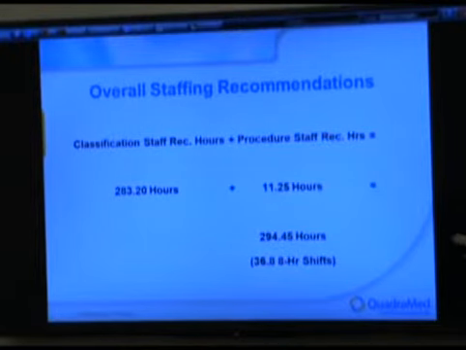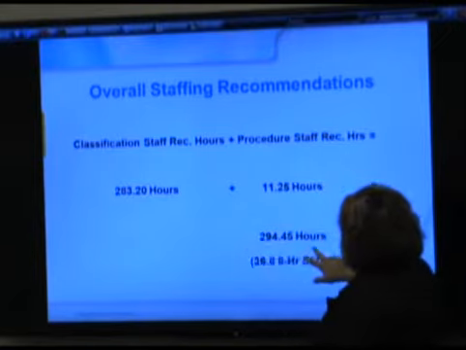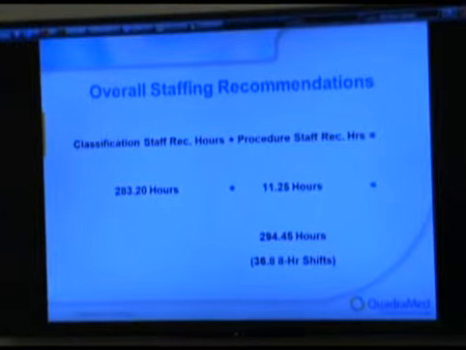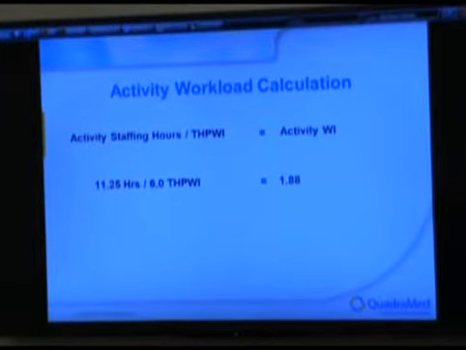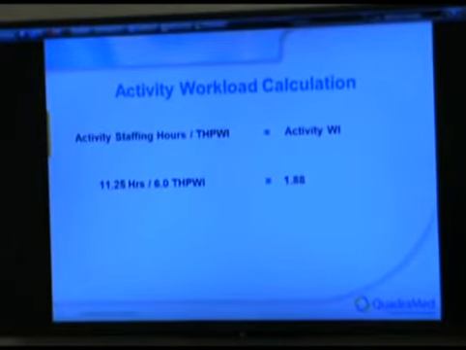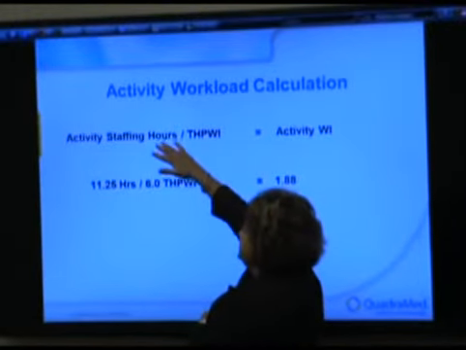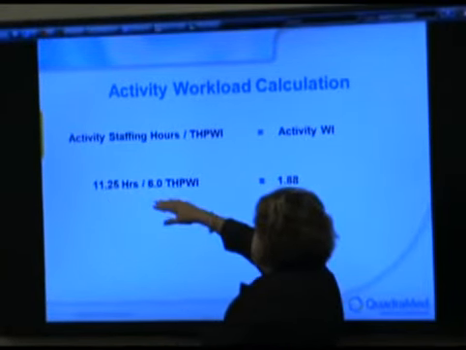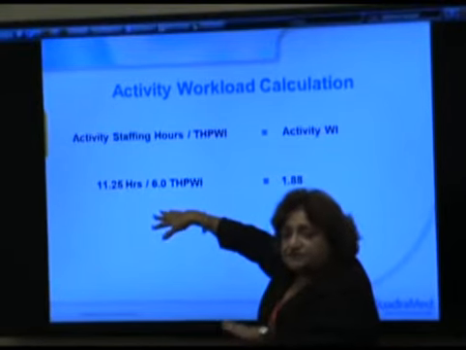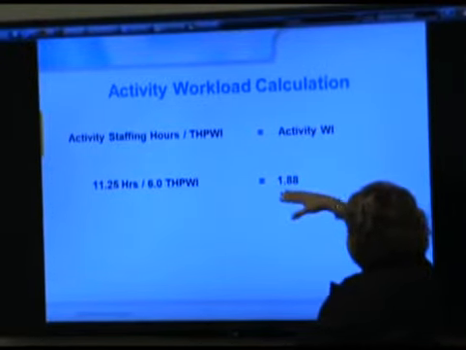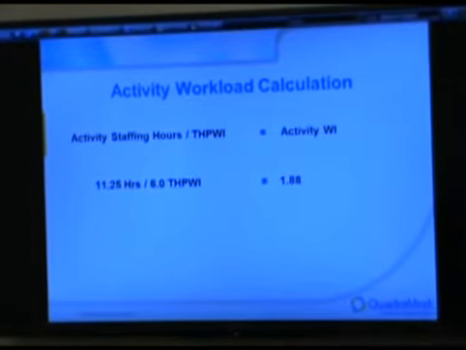So the overall staffing recommendations, instead of 283, are now 294, or 36.8 8-hour equivalents. Now, if census times acuity equals workload, and workload times the target gives you staffing recommendations, then if we take these staffing recommendations and divide by the target, which is what the software does, you don't have to do this, this would be the workload associated with plus 1 hour activities and ADT.